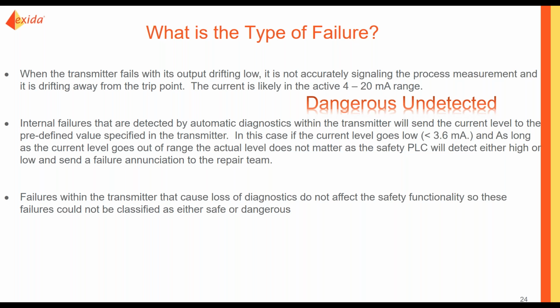What about when internal failures that are detected by automatic diagnostics within the transmitter send the current to the predefined value specified in the transmitter? In this case, if the current level goes below the 3.6 milliamp range, or out of range, the actual level does not matter, as the safety PLC will detect either the high or the low and send a failure annunciation to an operator or repair team.